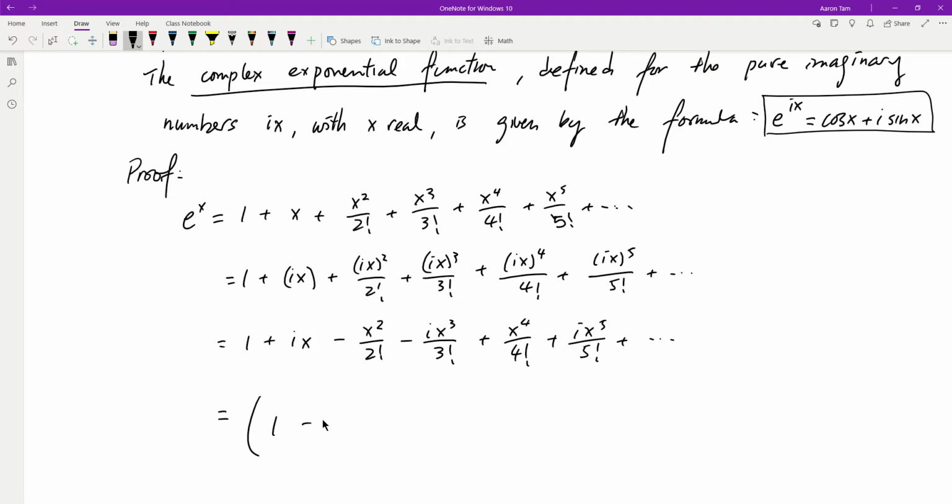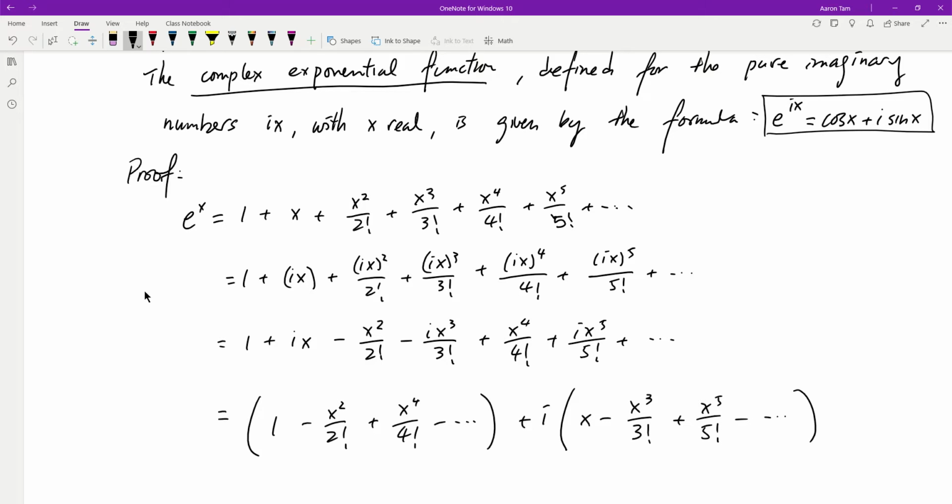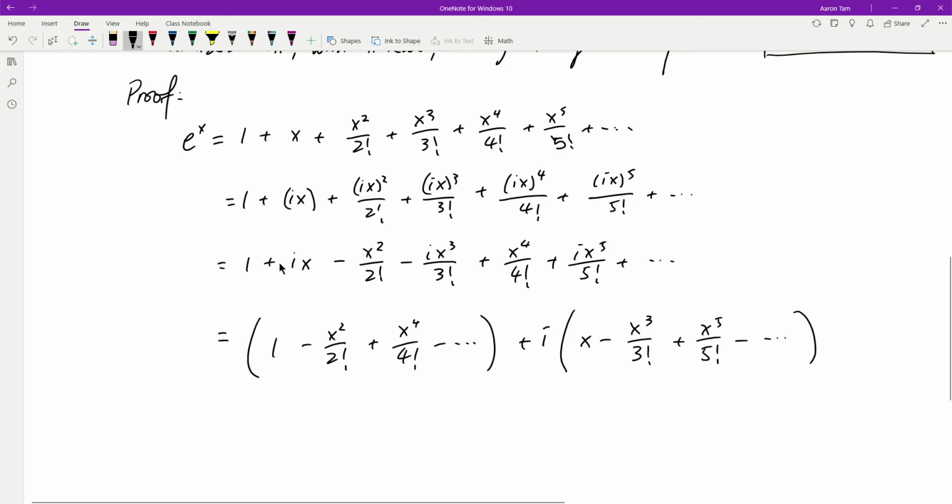So it becomes 1 minus x squared over 2 factorial plus x to the 4 over 4 factorial minus ... And then for the terms that have i, I will pull out the i. That would leave me with x minus x to the third over 3 factorial plus x to the 5 over 5 factorial minus ... So notice that I actually split this single infinite series into 2 infinite series.